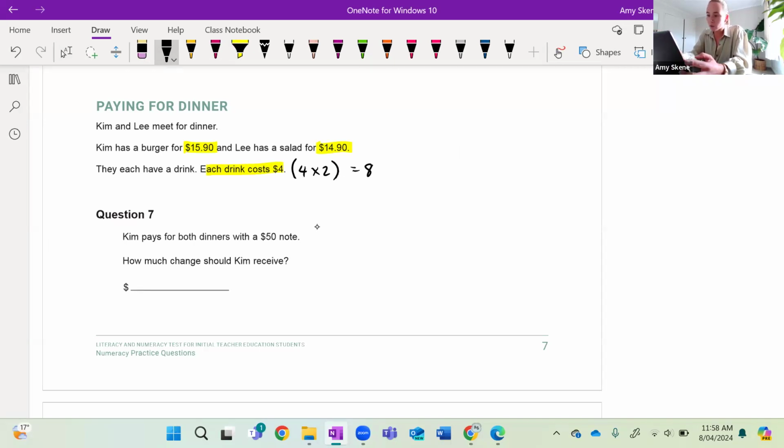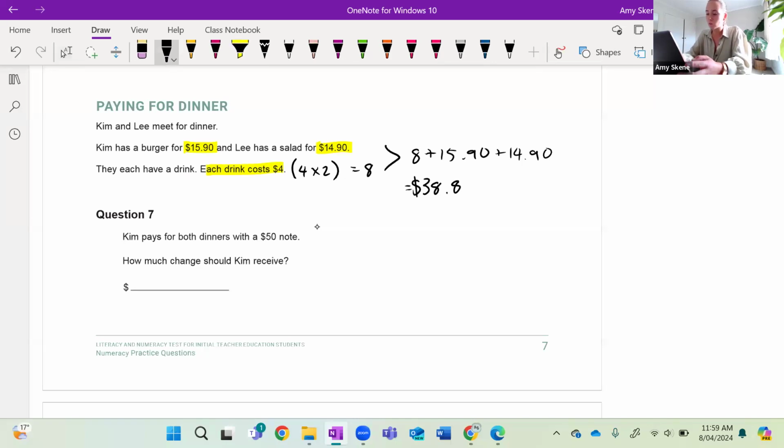So if we're adding all of these together, we've got 8 plus $15.90 plus $14.90, and that is the total for their dinner. So just do that on the calculator. And you're left with 38.8, so $38.80 pretty much.